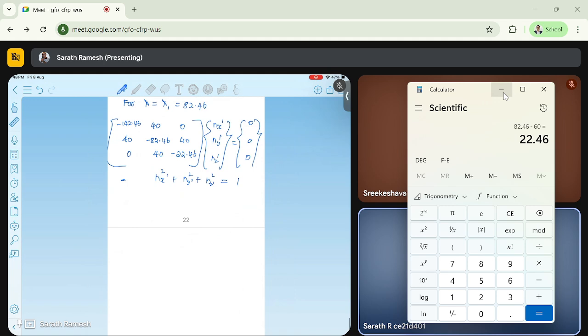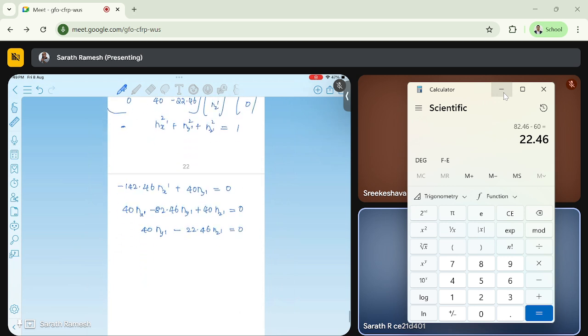Okay, so minus 142.46 nx1 plus 40 ny1 is equal to 0. 40 nx1 minus 82.46 ny1 plus 40 nz1 is equal to 0, and 40 ny1 minus 22.46 nz1 is equal to 0.